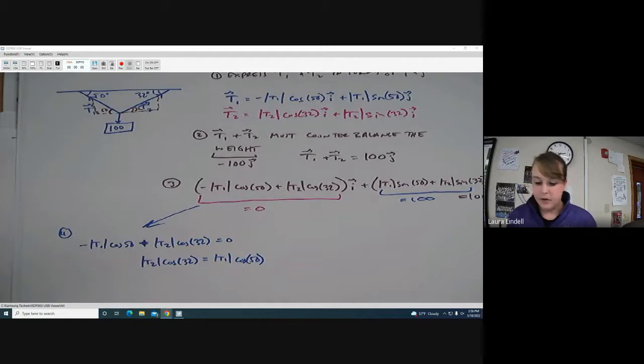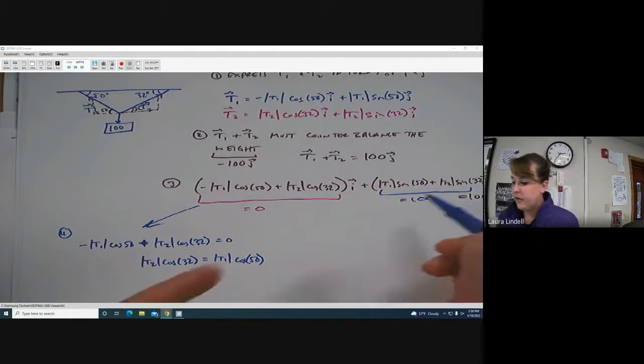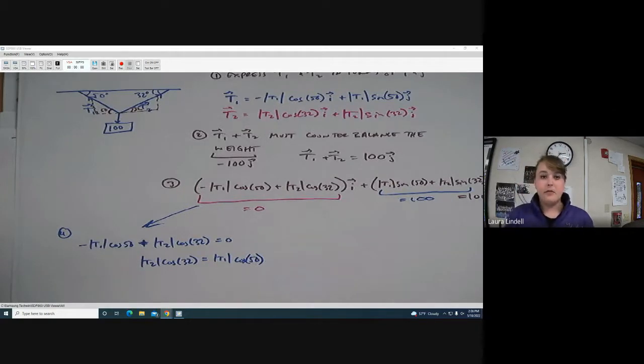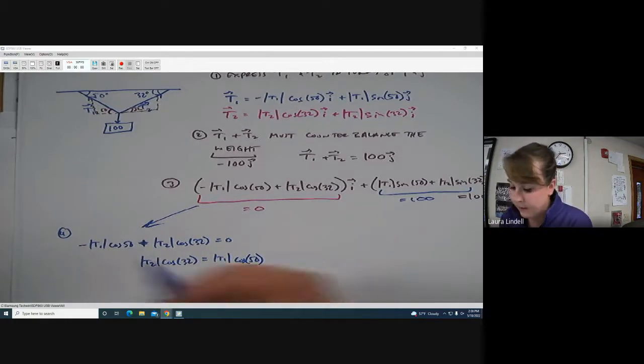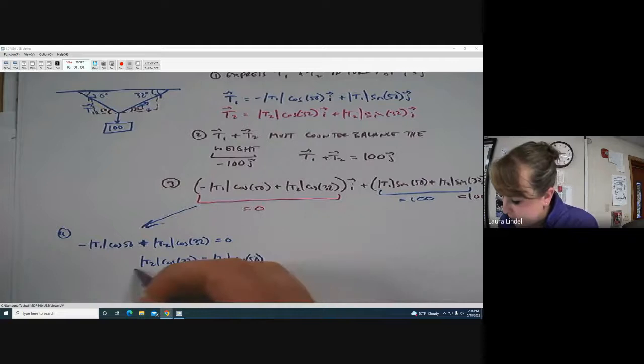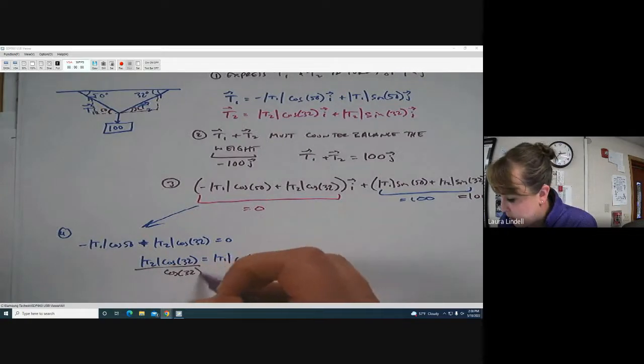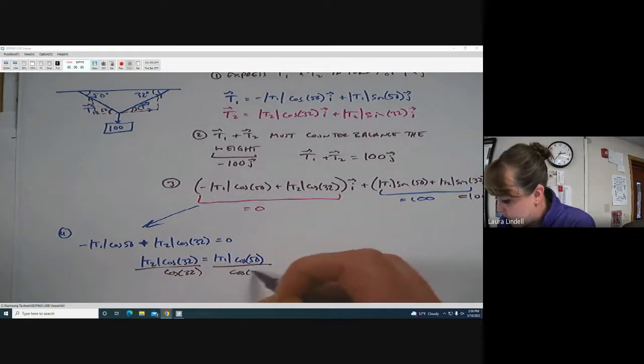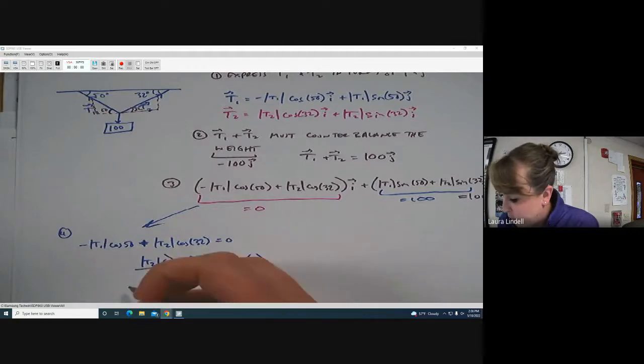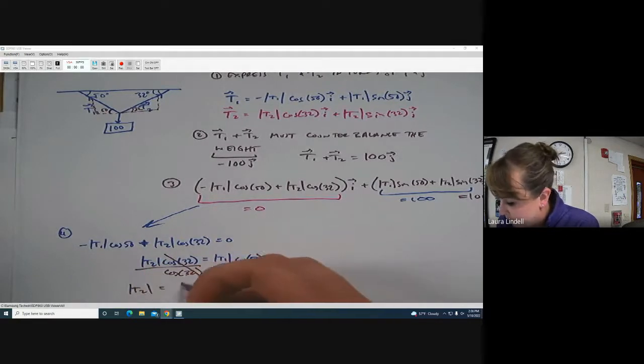And then my goal here is to solve these two equations simultaneously, since I have two variables and now two equations. So what I'm going to do is divide by cosine of 32 on both sides, because now we have T2 in terms of T1.